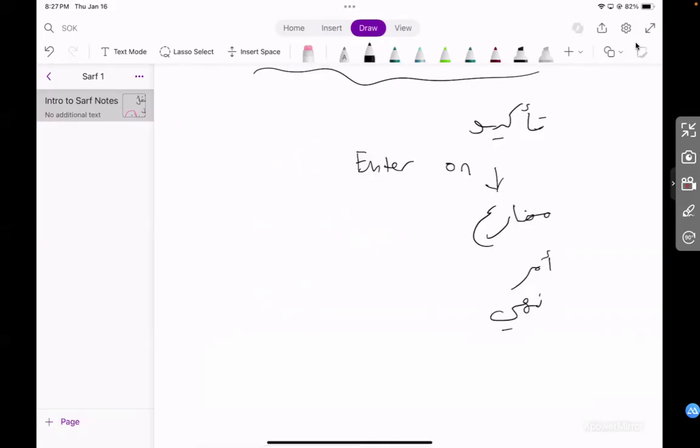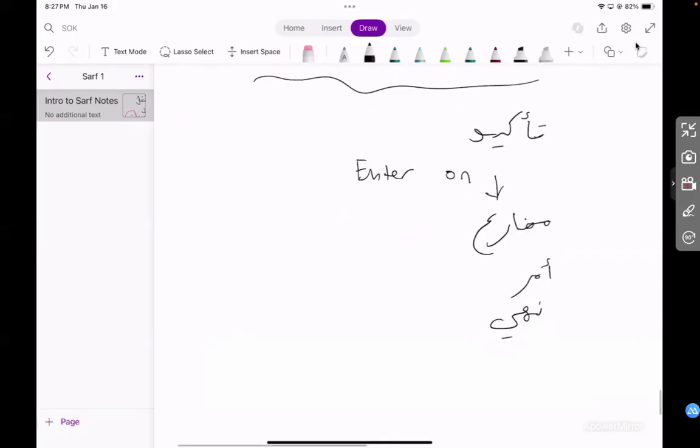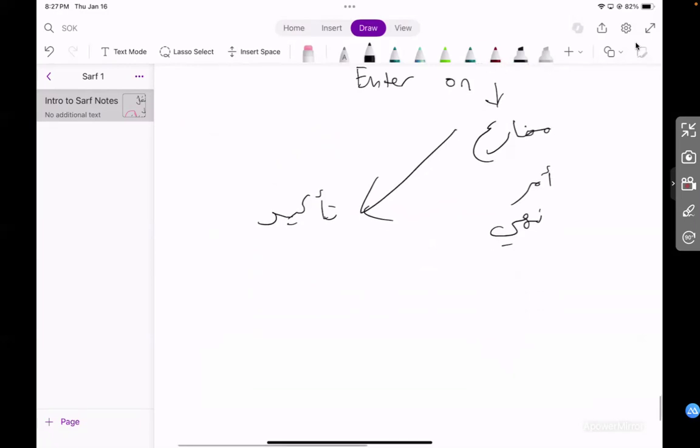And if we were to break down ta'keed bin noon for the time being, you have a few types.